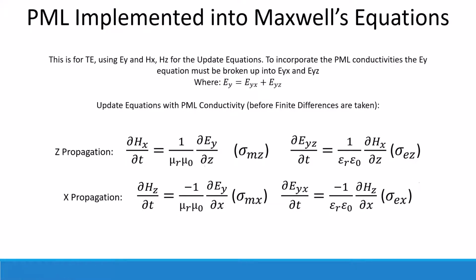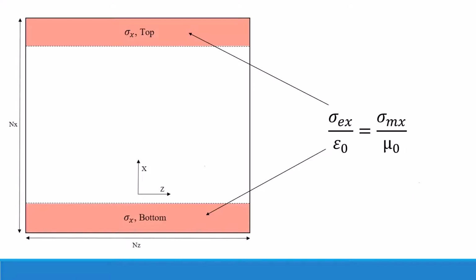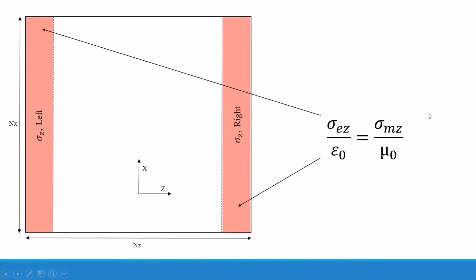So here is just a further visualization of how they are defined separately. We have the conductivities in the X direction here, related as such, and then conductivities in the Z direction. So these are independent here.